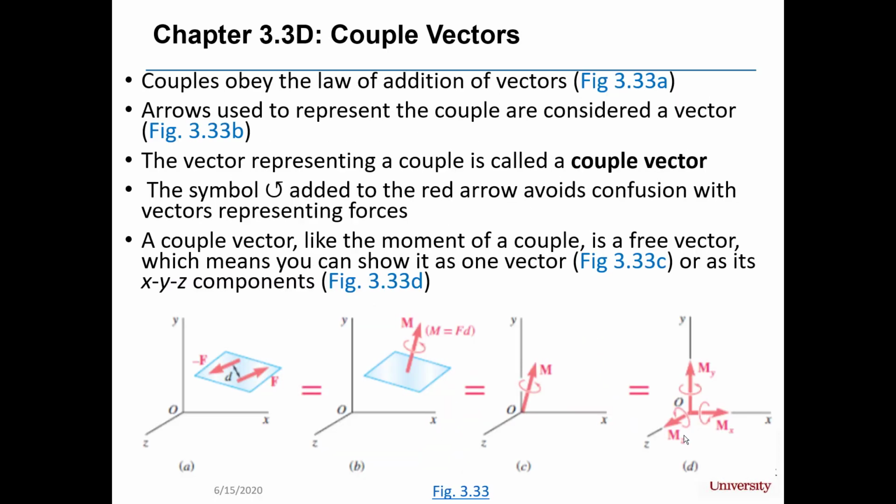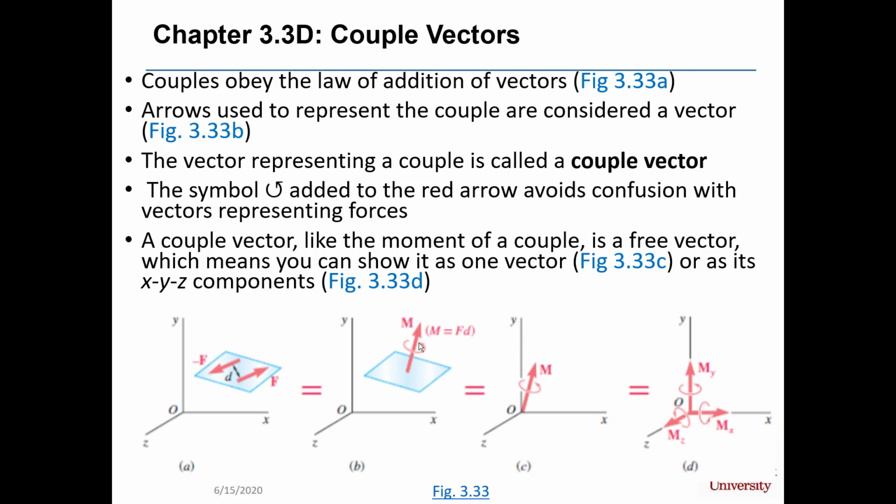Couples obey the law of addition of vectors, as shown in figure 3.33a. Arrows used to represent the couple are considered a vector too, as shown in figure 3.33b. So here's our arrow, and then there's a little counterclockwise arrow going around the linear arrow. And this vector M is known as a couple vector with this extra symbol of a counterclockwise arc going around it.